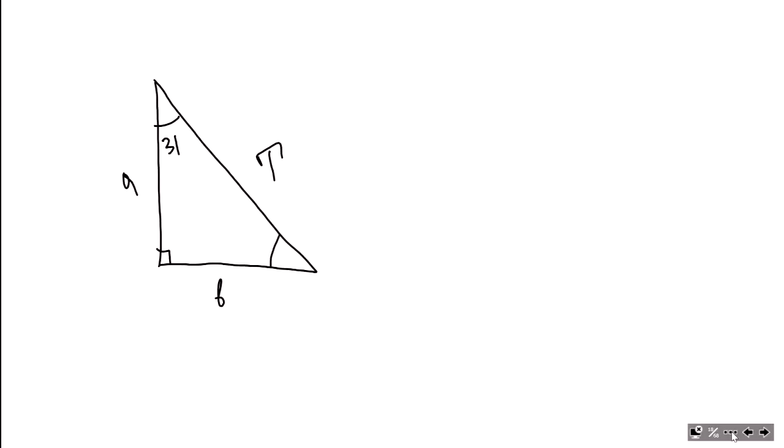Since you know geometry, you know this angle has to be equal to what? Why? Because these angles, well, three angles together should be equal to 180. In a right triangle, two angles together should be equal to 90. So it's a matter of your personal preference, basically.